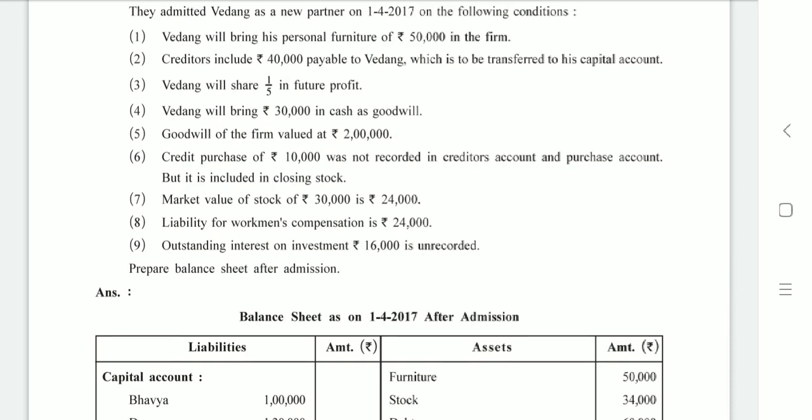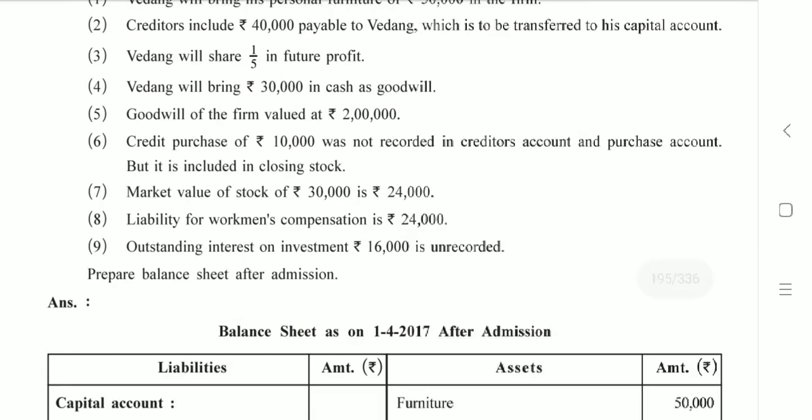Now you know very well that credit purchase is always related with creditors. If credit purchase increases, creditors increase. They say that it was not recorded in creditors account and purchase account, but it is included in closing stock, so it is already included in closing stock. So we are not supposed to make any changes in the closing stock.